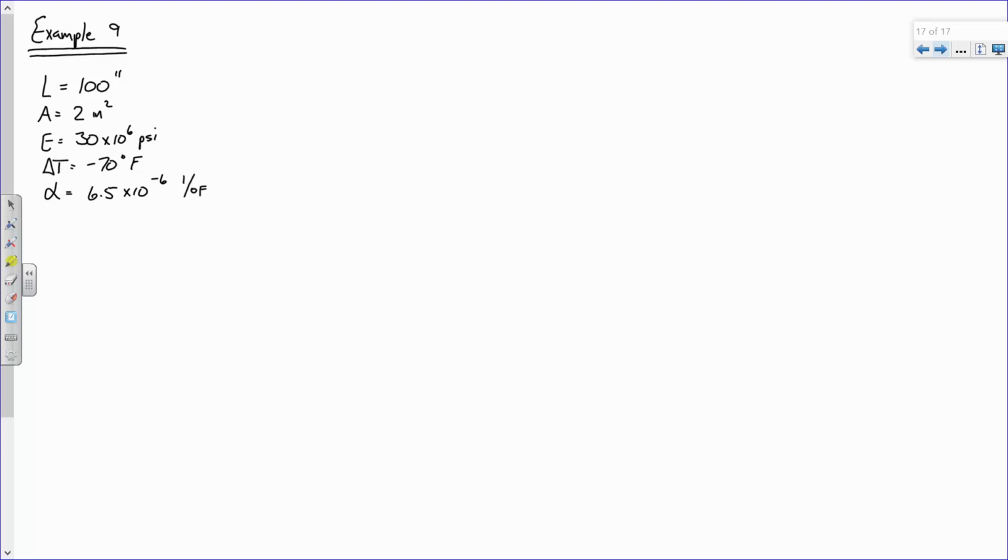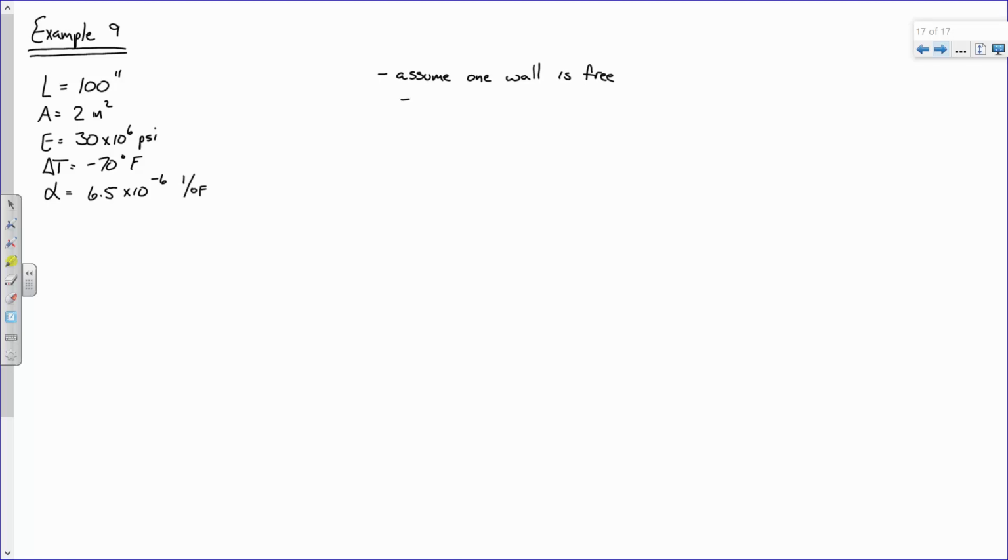Okay. Now, what I'm going to do for this problem is this. I'm going to assume that one of the walls is missing, okay? So I'm going to say assume one wall is free, okay?